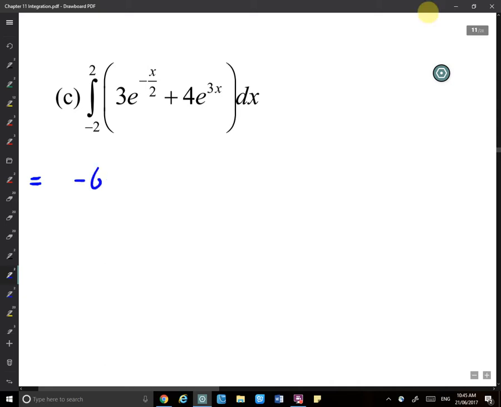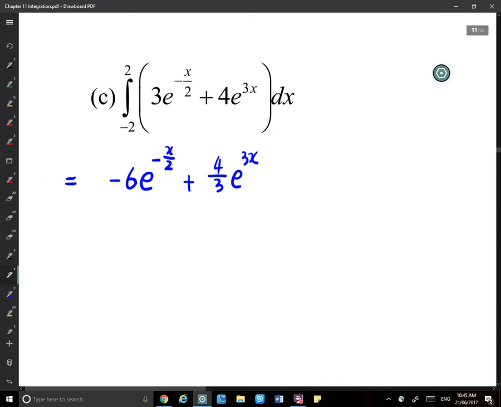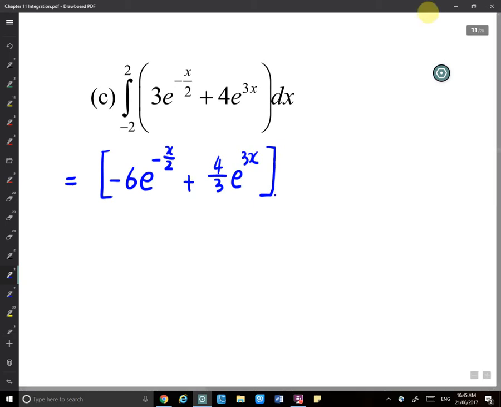You have negative 6 e to the power of negative x over 2 plus, okay, 3 on the top is a 4 over 3 e to the 3x. You would divide by the factor of x. And then you will use a square bracket. Make sure you use square bracket in this case. Have a minus 2 and have a 2.